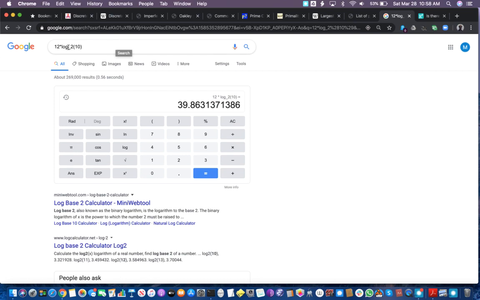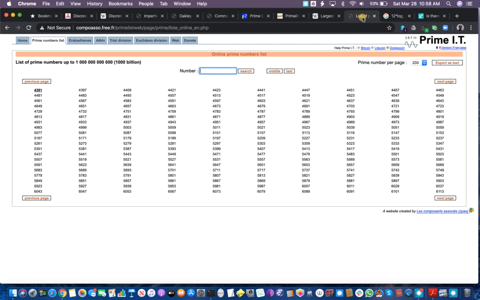It's take the log base 2 of 10 and multiply by 12. And the answer is about 40. So this says that this list of primes is only going up to about 2 to the power 40. And remember, for cryptographic purposes, that's way too small. So we want primes of magnitude about 2 to the power 500 or 2 to the power 1000.